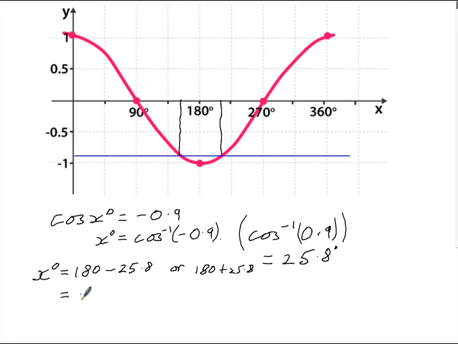So we have 154.2 degrees or 205.8 degrees. And when we look at our graph, those answers make sense. They're in the right place.